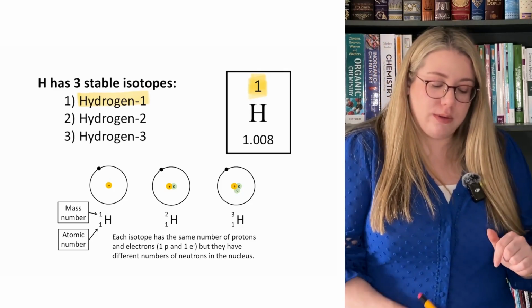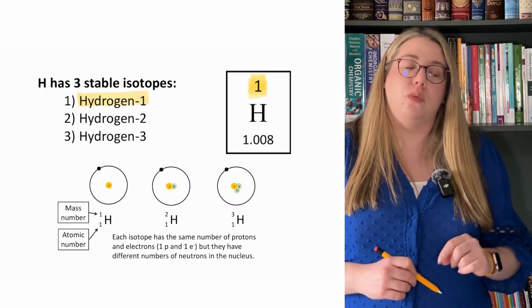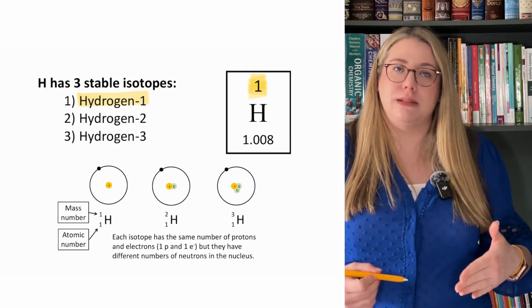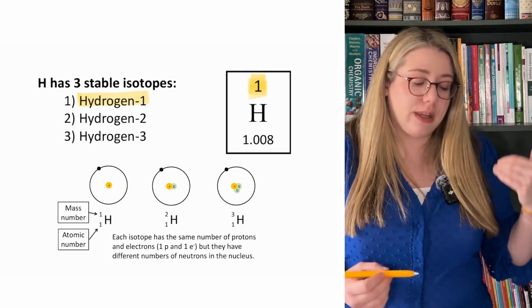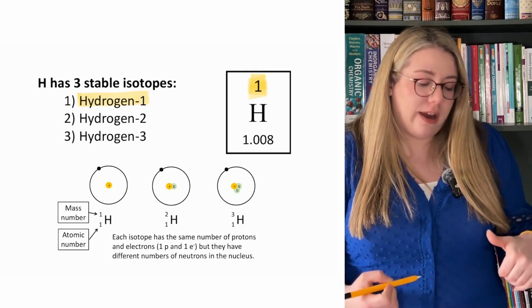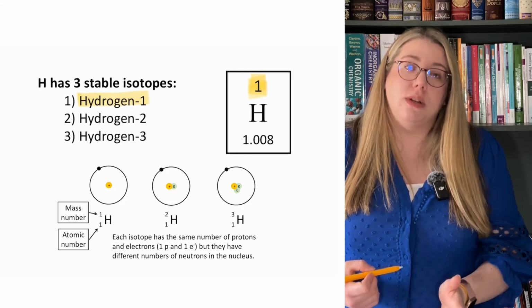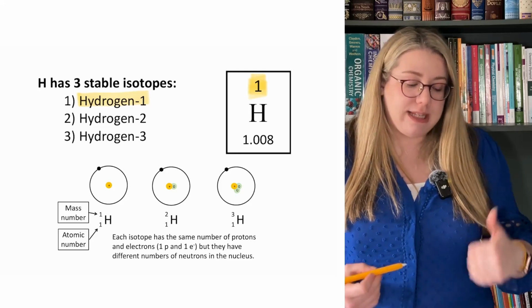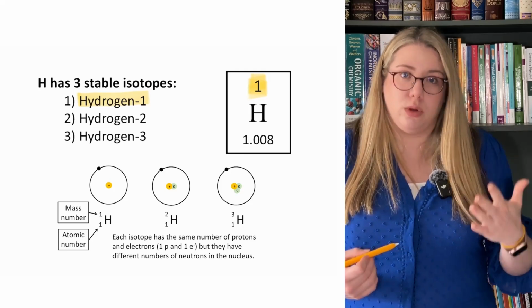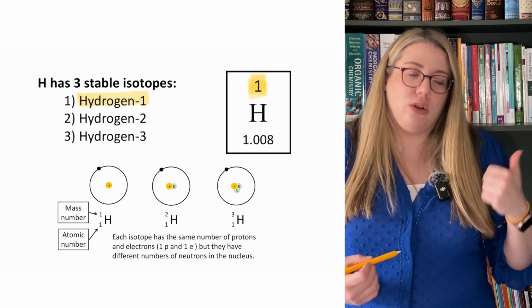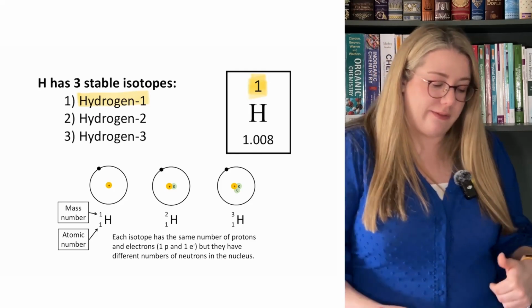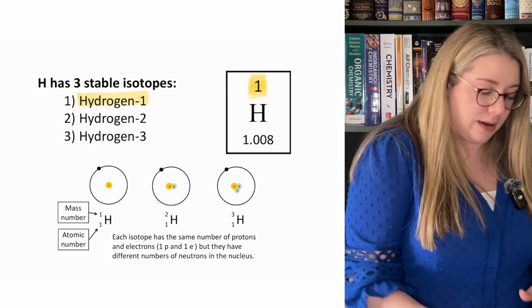Now, if you look at all 3 of those isotopes, they all only have 1 orange proton in the nucleus because they're all hydrogen. Next, if we look at hydrogen 2, which is the Bohr diagram in the middle, you'll see that it has 1 orange circle, 1 proton, but it also has a green circle that the other one doesn't have. And that is the number of neutrons.